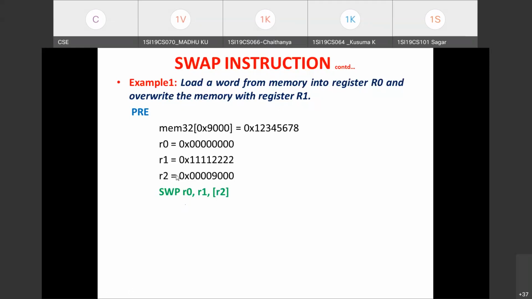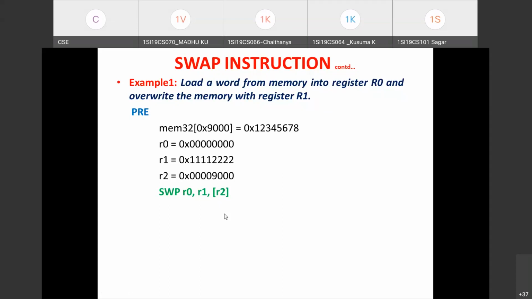Then whatever data you have in the R1 register, we write to the address held in R2. This is the write operation to the memory. So R1 is the source register, R0 is the destination register, and R2 acts as a pointer to the memory location to perform the read and write operation.